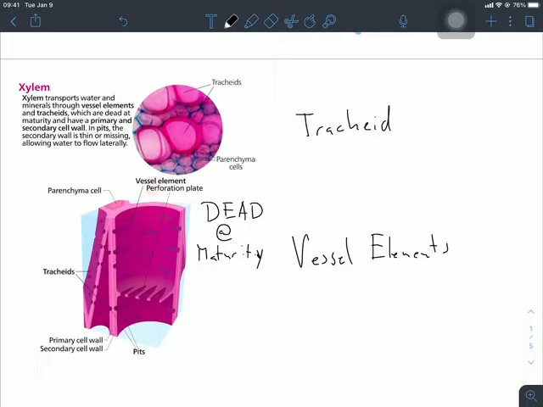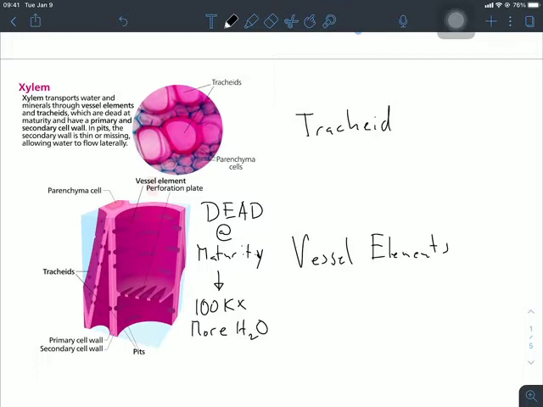In fact, it's been estimated that the fact that these cells are dead rather than alive means that there's about 100,000 times more water flowing through these cells than the living cells in a plant. The living materials in a plant are going to do a lot to block up and slow down that movement. And so by making these giant hollow pipes, plants can transport water much, much quicker.